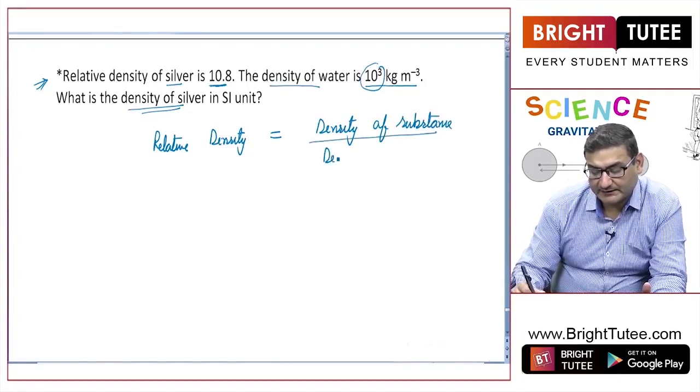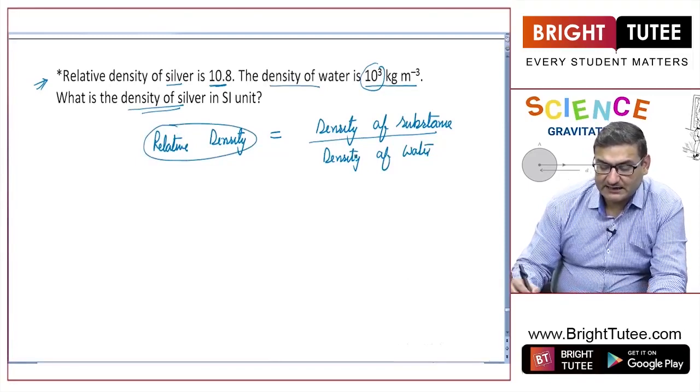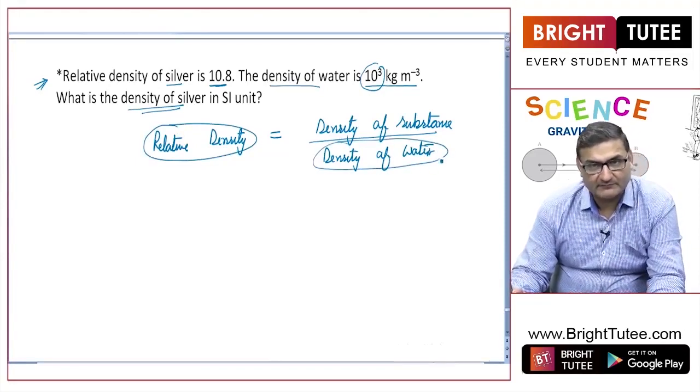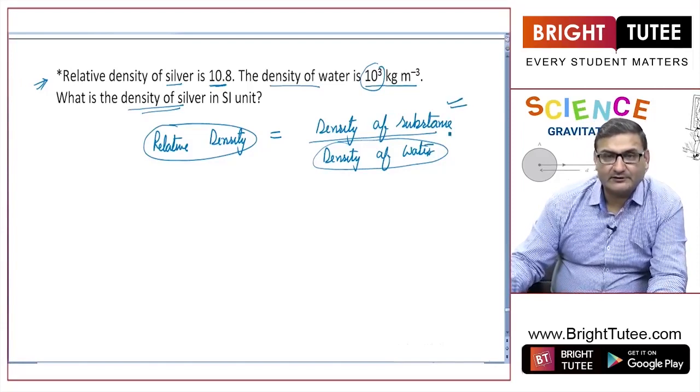Now in this particular case, the substance is silver. In this formula, I am already given the relative density of the substance. I am already given the density of water. Otherwise also I would have put the value myself because I know the value. I should remember it. I need to calculate the density of the substance.